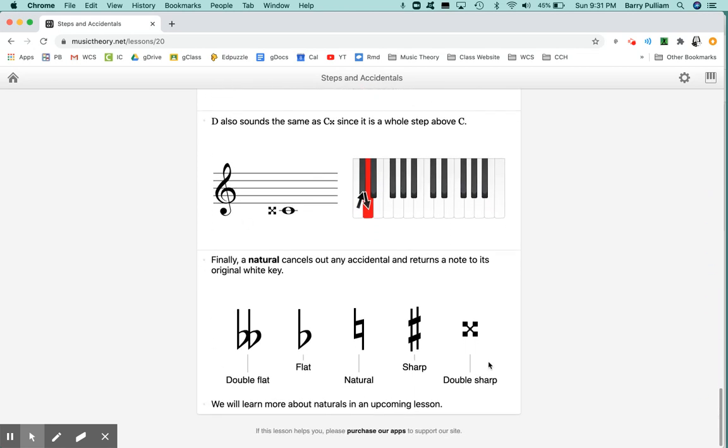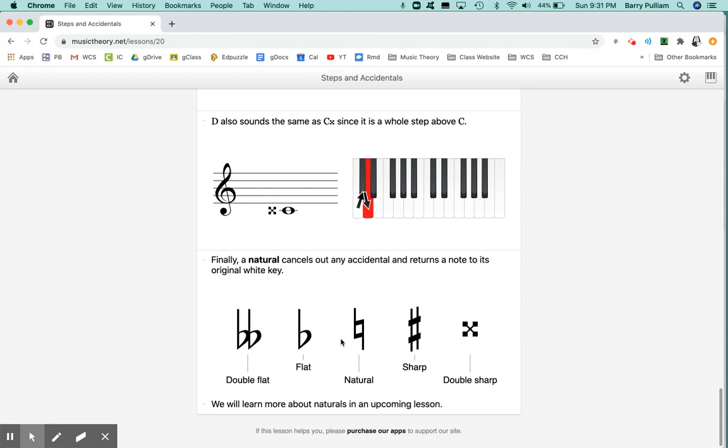Yeah, this just explains it some more. So I want you to know double flat, flat, natural, sharp, double sharp. Lowers the note half a step, raises the note half a step. A natural means forget about that flat that you just saw. This note is natural. Or forget about the flat in the key signature.